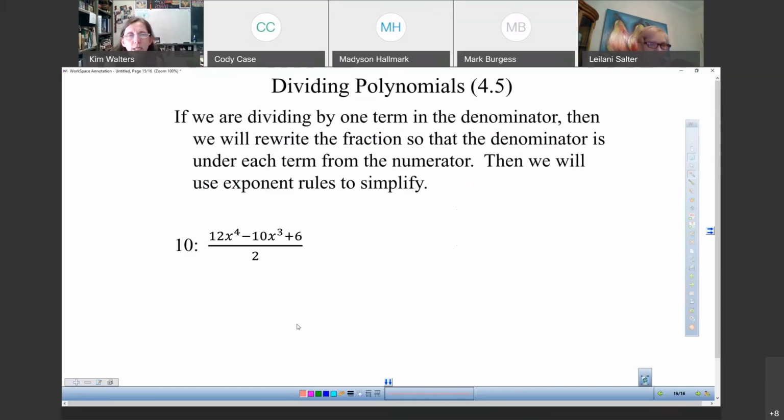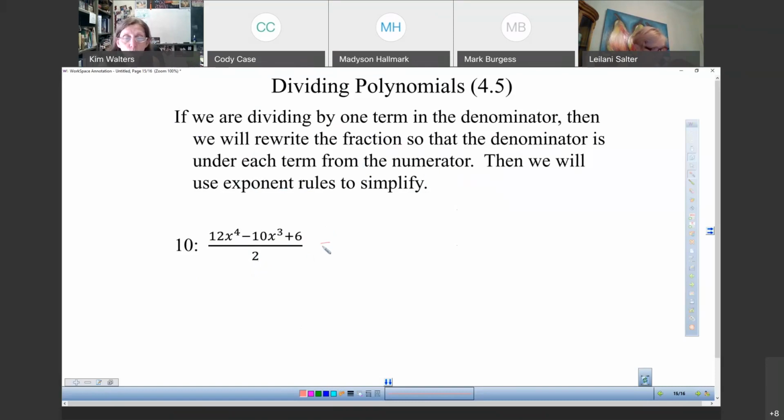So one thing we can do, and that's what we're going to do here, is if we divide by one term in the denominator, so we've got just a 2 down here, then we're going to rewrite this as fractions so that the denominator is under each piece. We've got 3 terms in the numerator, so we're going to split this into 3 separate fractions, each with this denominator of 2.